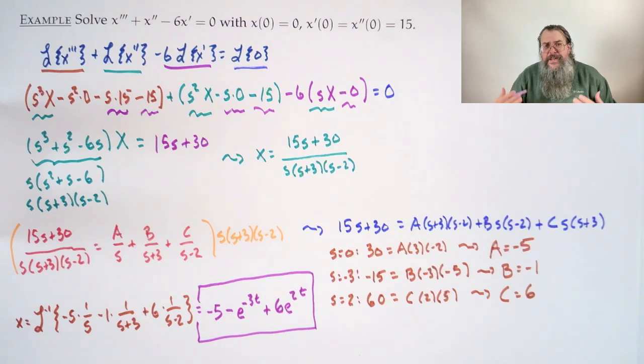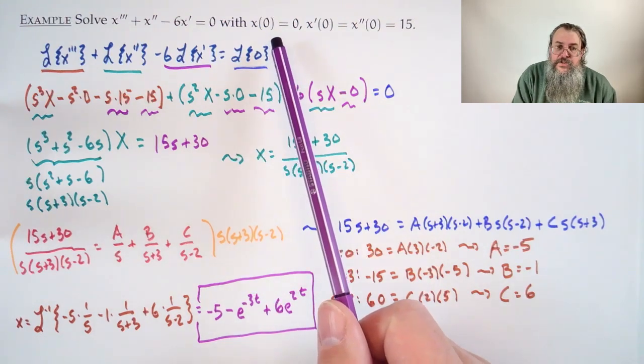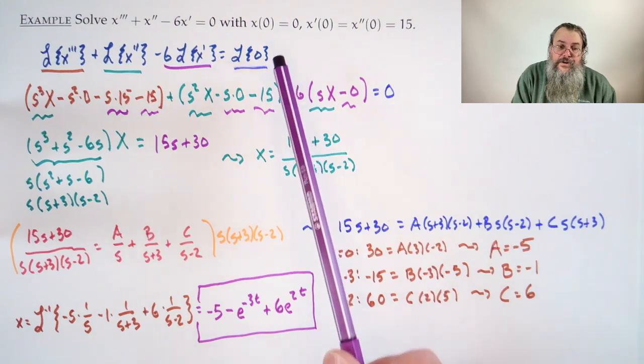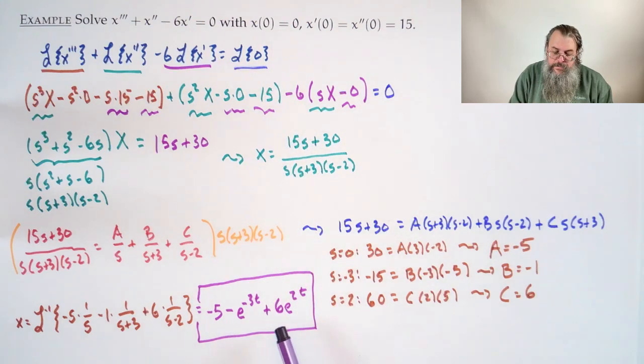Now you might say, are there some things we could do to check our answer? Well, one thing you could do is spot check some initial conditions. So for example, when you plug in 0, do you get 0? Well, you get minus 5 minus 1 plus 6, which is 0. That's a good sign. We can even quickly check the derivative, right? So here, that would go away. We get a plus 3, because that minus 3 would come down. And we get a plus 12, which is 15.